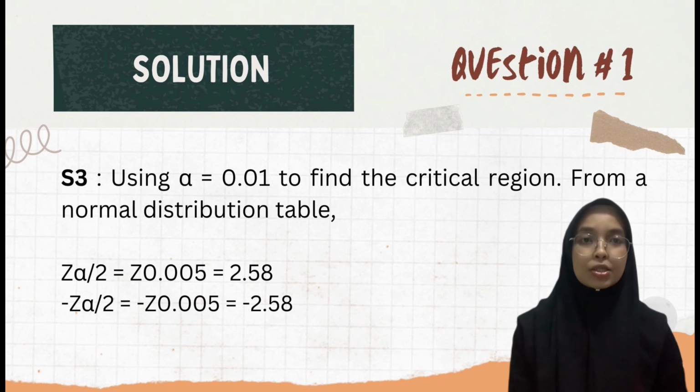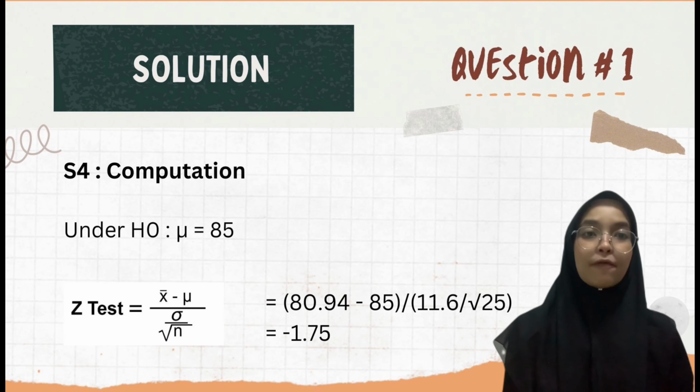From the normal distribution table, Z alpha over 2, which is Z 0.005, is equal to 2.58, and negative Z alpha over 2 is equal to negative Z 0.005, which is equivalent to negative 2.58. Next, step 4 is computation.